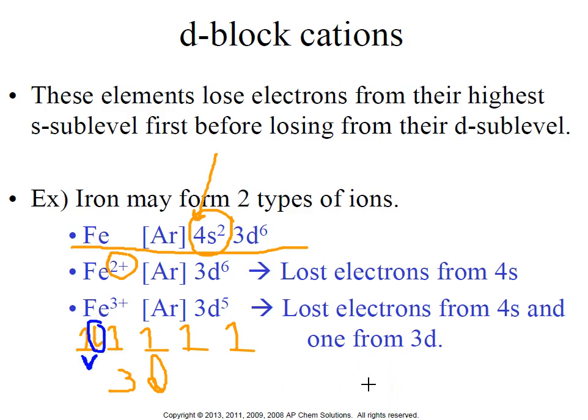So it's in a doubly occupied orbital, and those electrons are easier to lose because the electron that's also in the orbital with it is also negatively charged. So that repulsion will help remove that electron. So iron can be +2 and get rid of the 4s, or it can be +3 and get rid of one of those 3d in addition to the 4s.